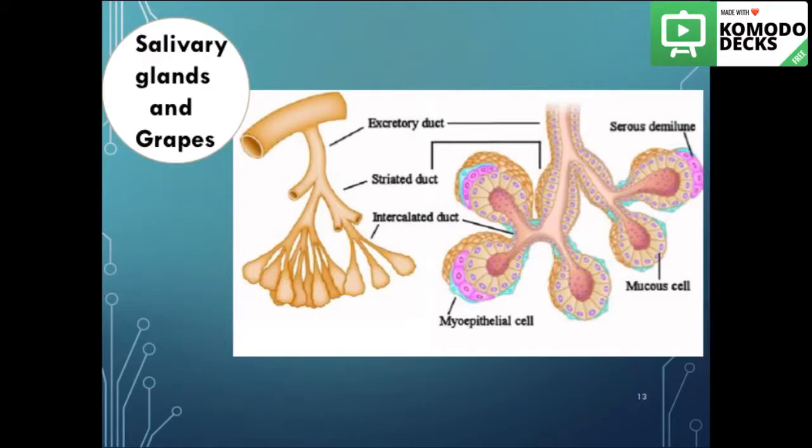Morphologically speaking, some textbooks describe salivary glands as a bunch of grapes. The secretory units are each part of the grape that you eat. And we have the smallest to the largest branches.